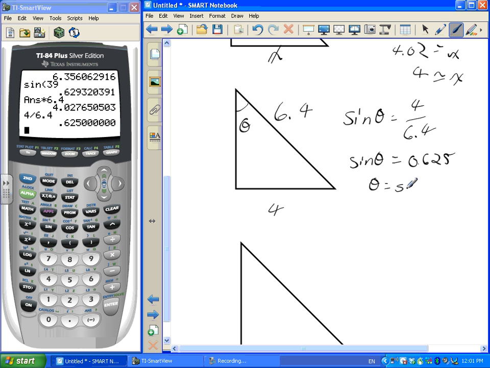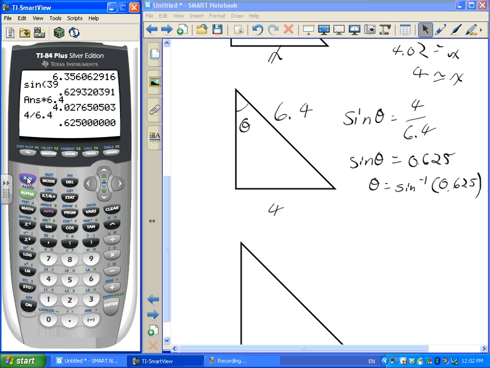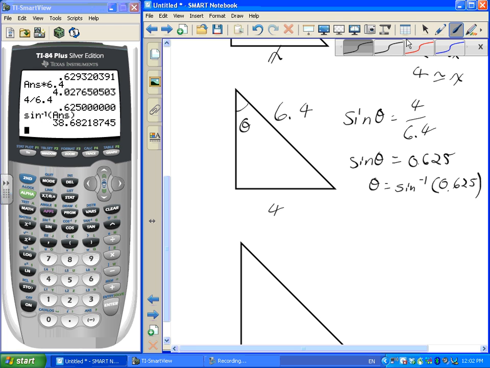Bring sine to the other side, it becomes inverted. Second function, sine, to the answer from before. Discover that theta is 38.68, approximately 39 degrees. Same we found on all the previous pages.